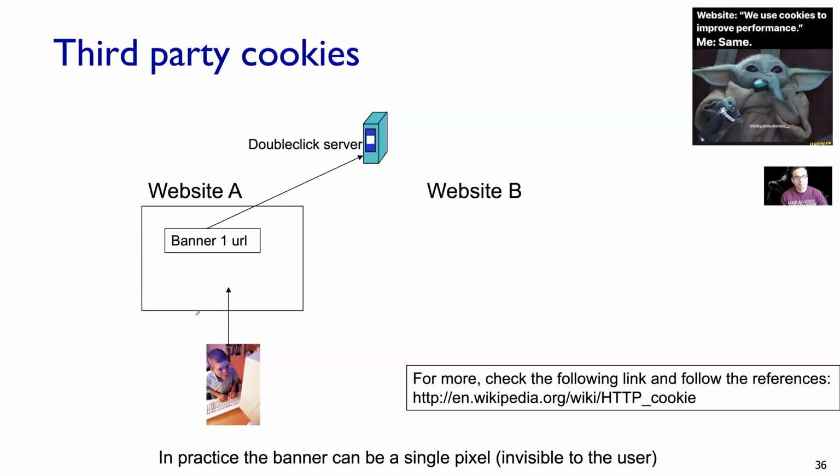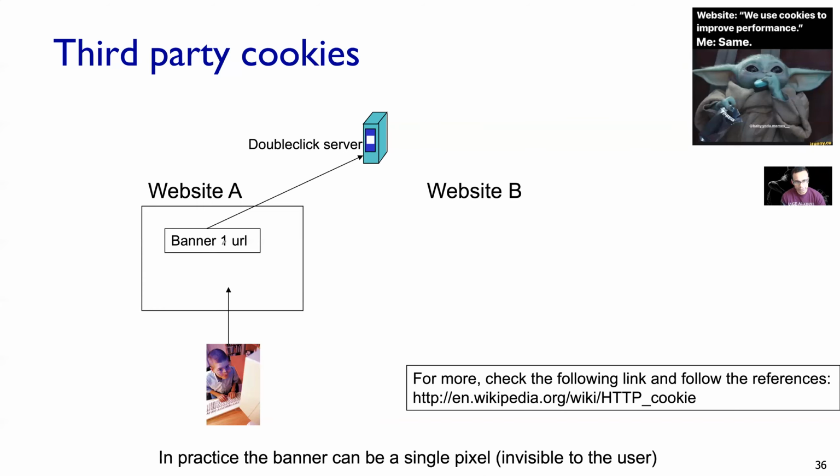So my browser sends a GET request for this website. Now note that on this website, there's an image that's stored. Now this image is not stored on this server that's hosting my website. This image is actually stored on the DoubleClick server, right? So when my browser goes and fetches the index page, it will get all these other URLs for all the other objects on that page.